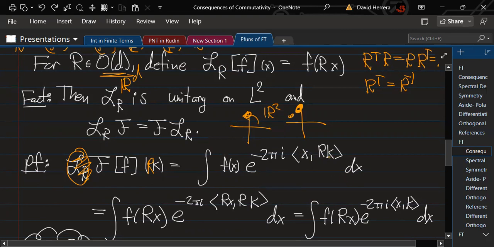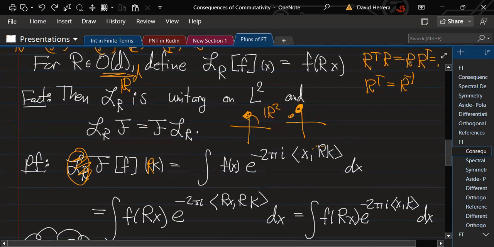Now this is the inner product here. The reason why I'm writing it as an inner product as opposed to a dot product, which is the same thing, is because you can do things with it that are a little bit more natural.